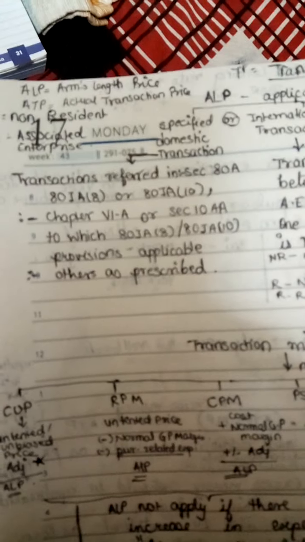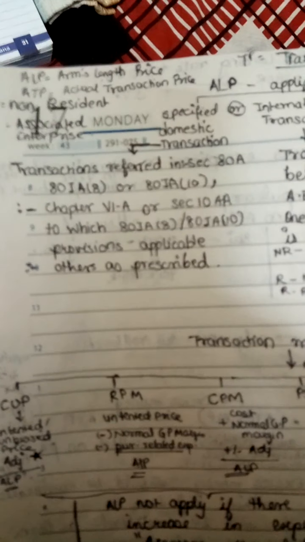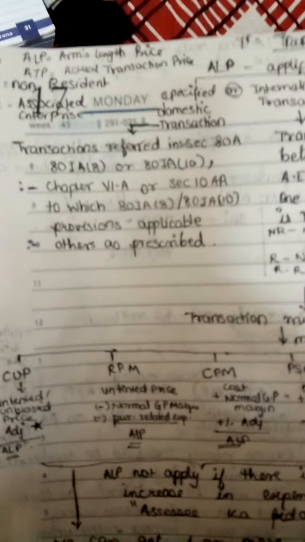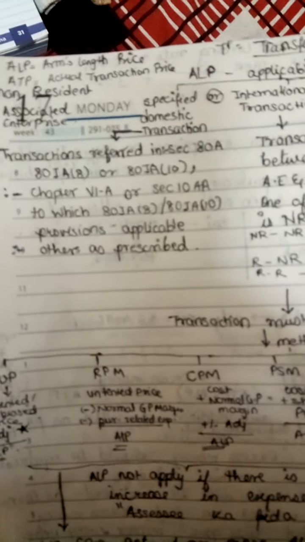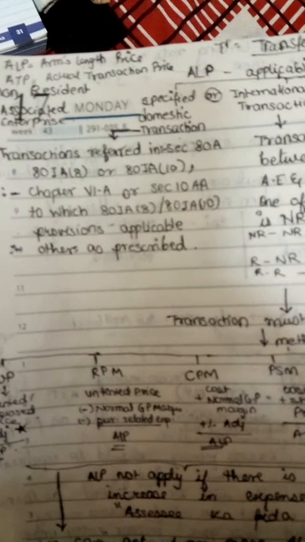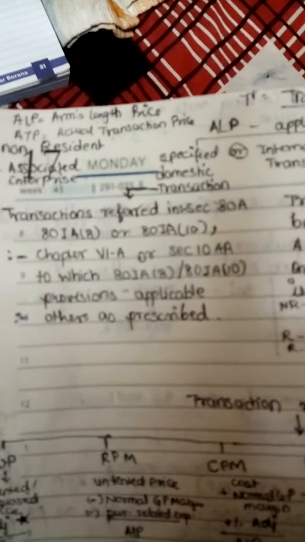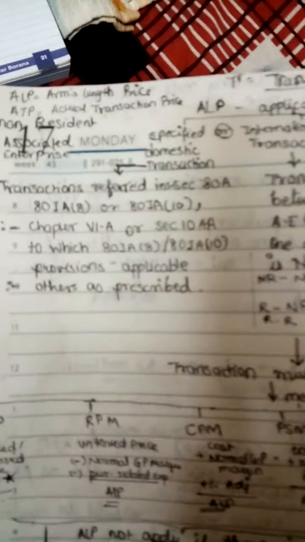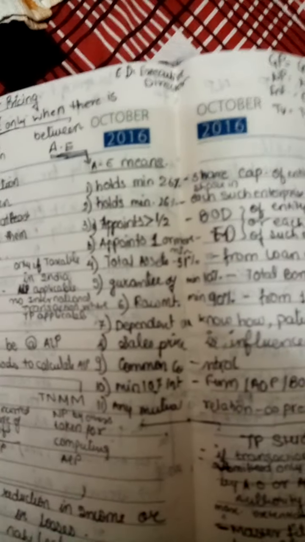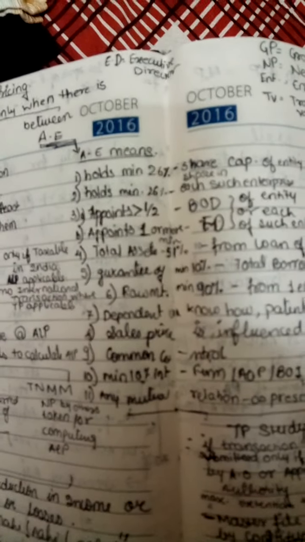Transactions referred to in section 80A, 80IA subsection 8, 80IA 10, chapter 6A, section 10AA, to which 80IA 8 and 80IA 10 apply. Provisions of these sections are applicable, and other transactions as may be prescribed. Okay, international transactions, but I think before that we should see what exactly AE is.